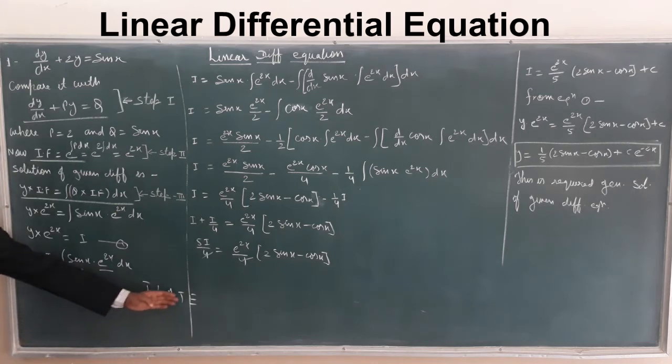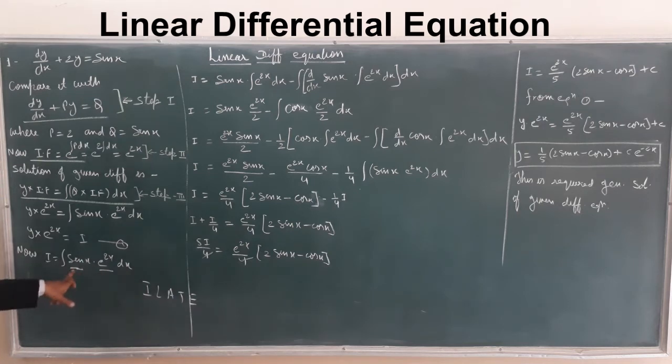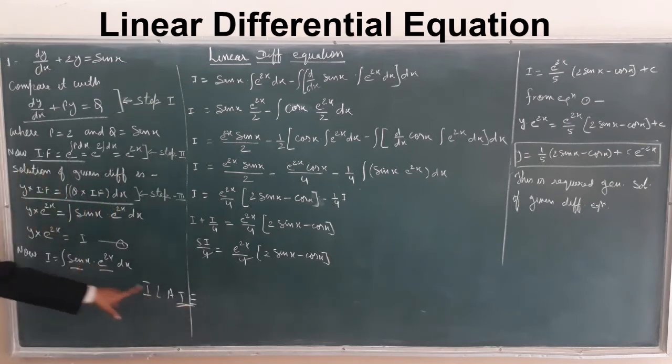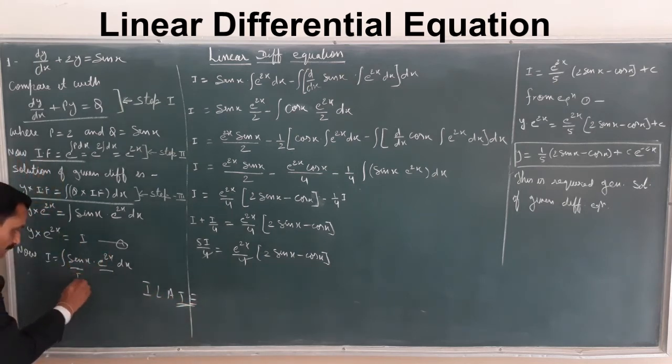In this sequence we assume the first function and the second function. The first function will be sin x because it is a trigonometric function, and then the exponential function e to the power 2x is second.